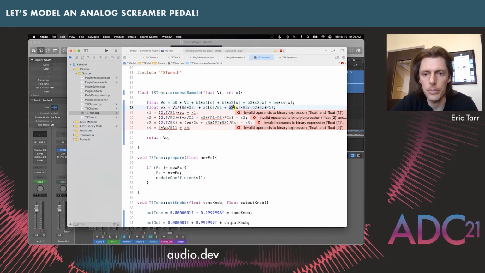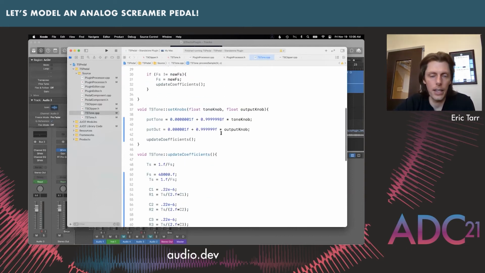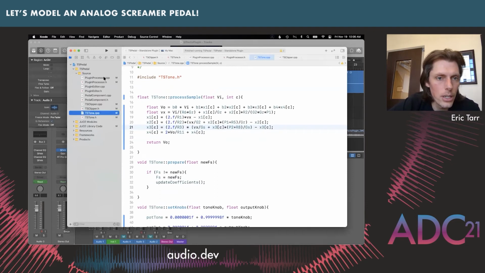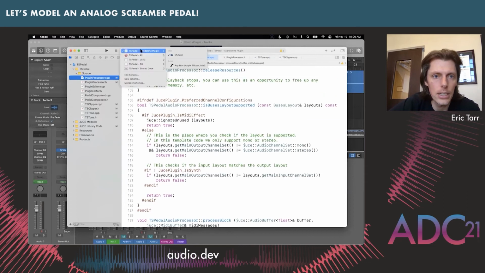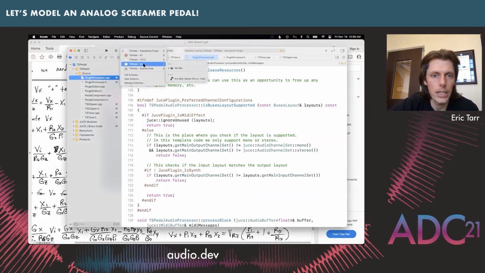And again, there's better ways that you could code this to make it more efficient, but just need to get something going. Okay. If I haven't forgotten anything, which it's highly likely that I have, we should be able now to make sure we have this set up. We're processing the sample in there. Let's build it, close out of logic, and see if we can get this going.